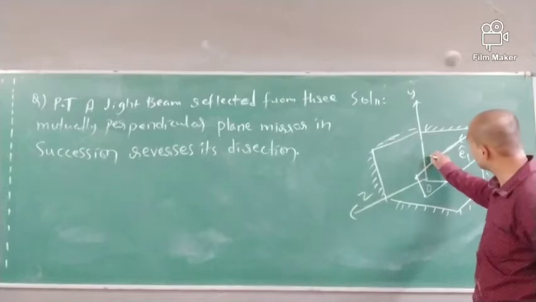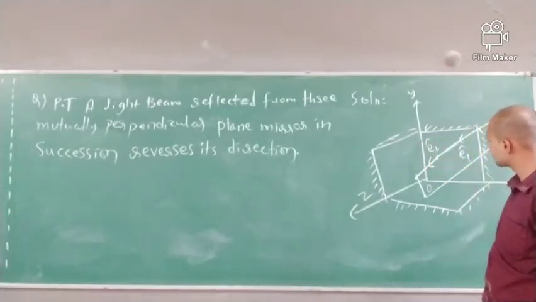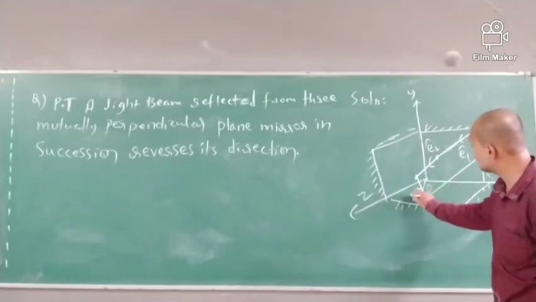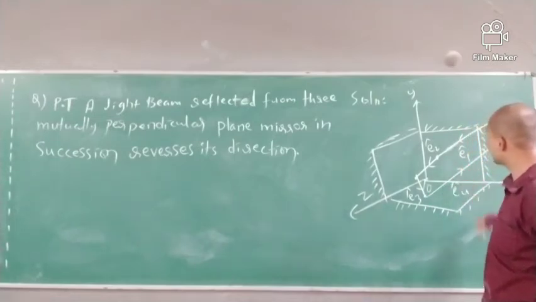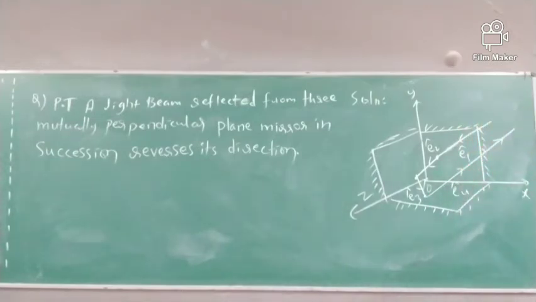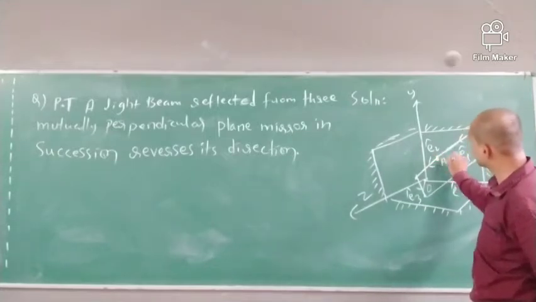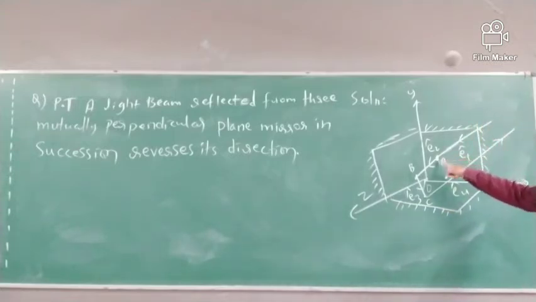Correct? Now this will be E2 cap. Yes or no? This will be E2 cap. This will be, let us take E3 cap, and this will be E4 cap. Correct now? This will be E4 cap. So what is E2 cap? Let us take this as point A, B, and this is point C. Point A is the point of the light ray which is incident on this mirror.